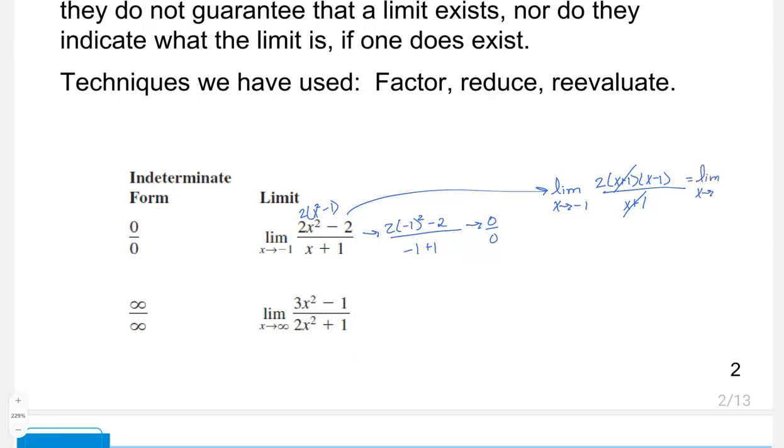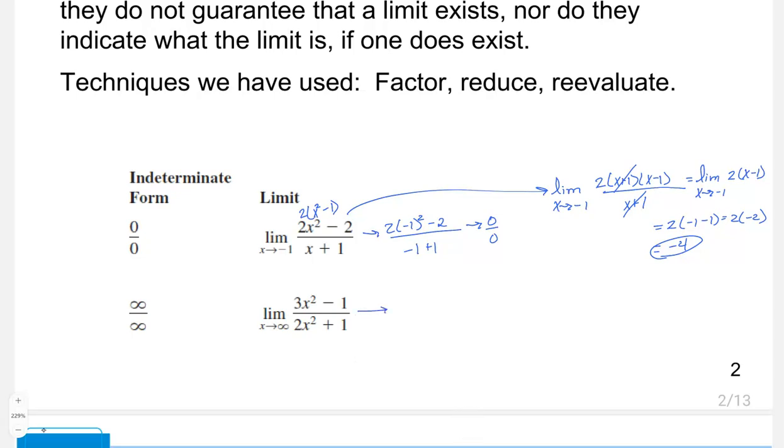And now we're really taking the limit as x approaches -1 of 2 times x minus 1. And now if we substitute in our -1, we're going to get 2 times -2, which is equal to -4. So we would say that limit is -4.